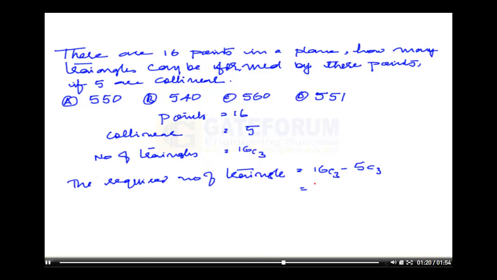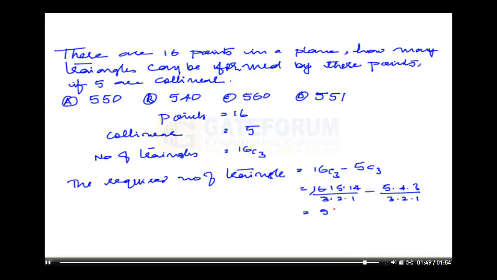So if you work out, the answer would be equivalent to 16 into 15 into 14 by 3 into 2 into 1 minus 5 into 4 into 3 by 3 into 2 into 1.